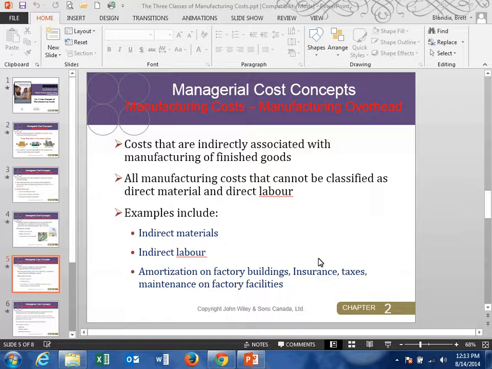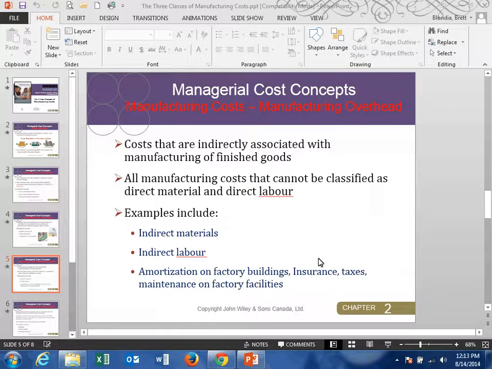Once you accumulate it all, how do we now get it into the cost of our product? We talk about that in future chapters. So for right now, you just have to have an understanding of what manufacturing overhead is. It includes indirect materials and indirect labor and things like amortization, or some of the other examples they gave, insurance and property taxes, any maintenance on any of your facilities.